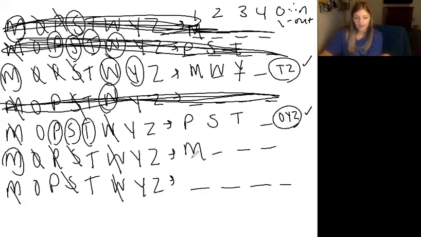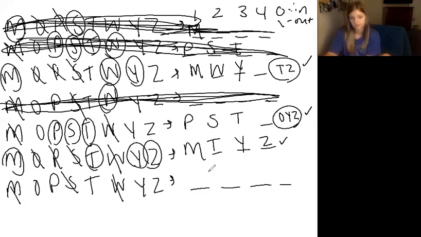Next, I have M, and I have 3 spots left, and I actually have only 3 variables that are not crossed out. So these 3 variables actually have to go into my diagram. They actually have to be chosen in order for this world to exist. So we're going to check mark that one.